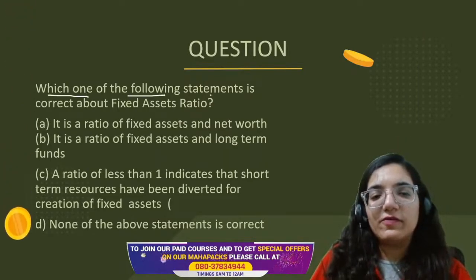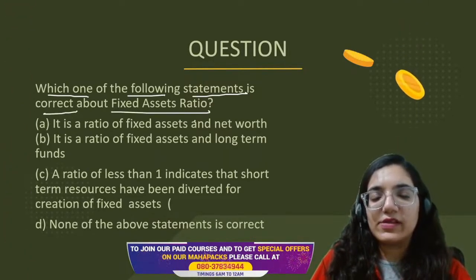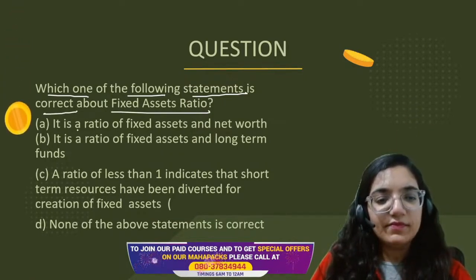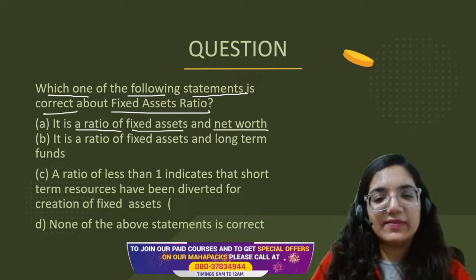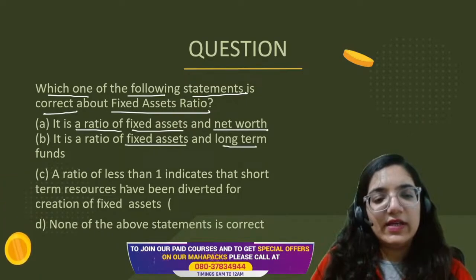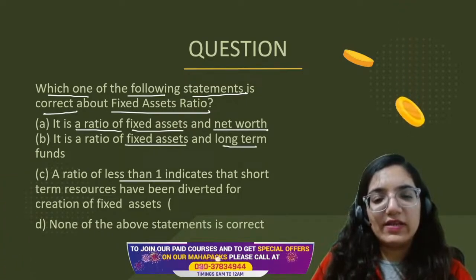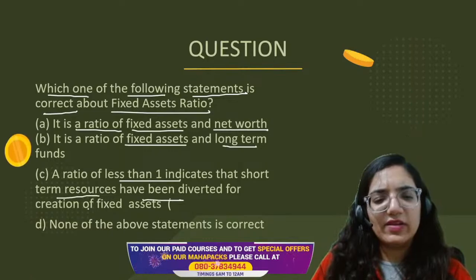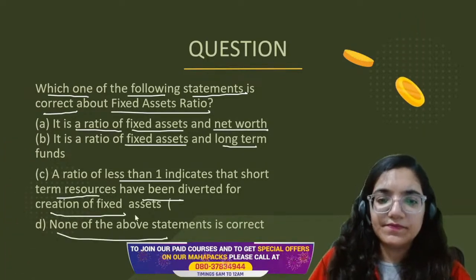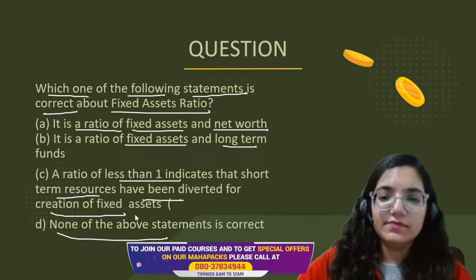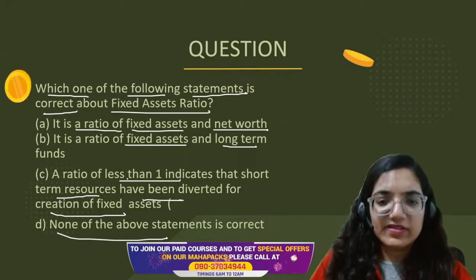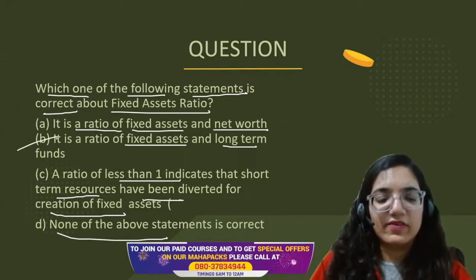Which one of the following statements is correct about fixed asset ratio? What's true, everyone? It is a ratio of fixed assets upon net worth, fixed assets upon long term, a ratio less than 1 indicates that short-term resources have been diverted for fixed assets, or none of the above. There is only one thing correct, that is fixed assets is divided by long-term funds.